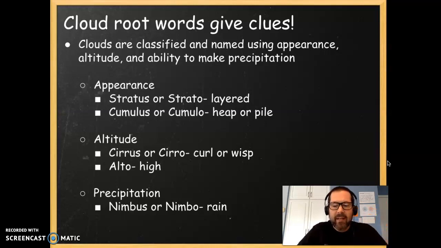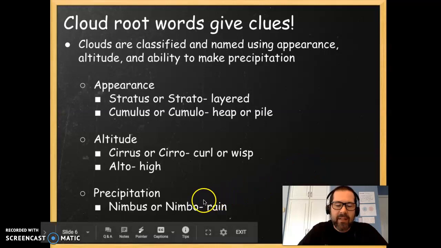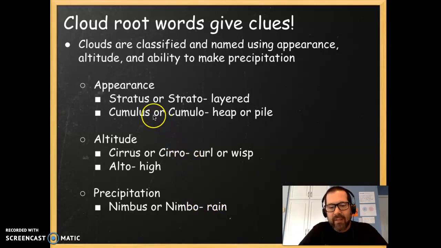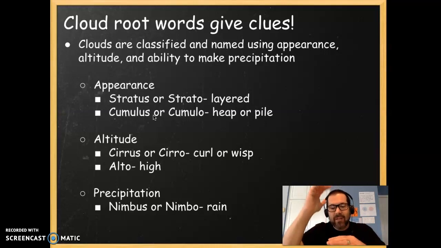When we combine cumulus with nimbo, we get our cumulonimbus clouds, which are these piles of rain clouds, essentially the really thick ones.